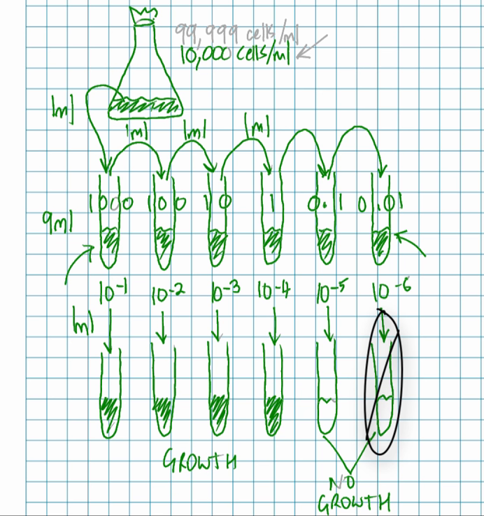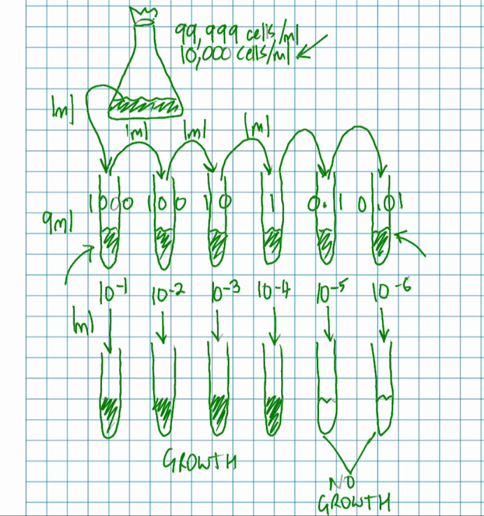So in this little thought experiment, we would have at least 10,000 cells in our starting culture at the top. Now in this setup, it could be anywhere from 10,000 cells to 99,999 cells per ml, and so this always gives you a range.